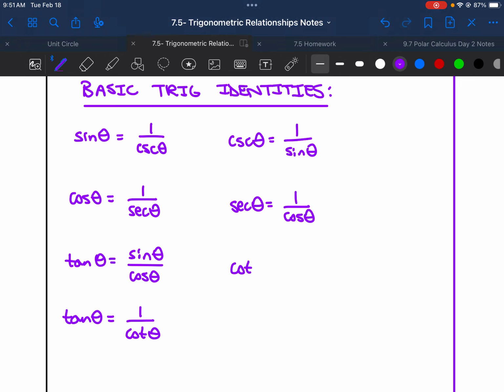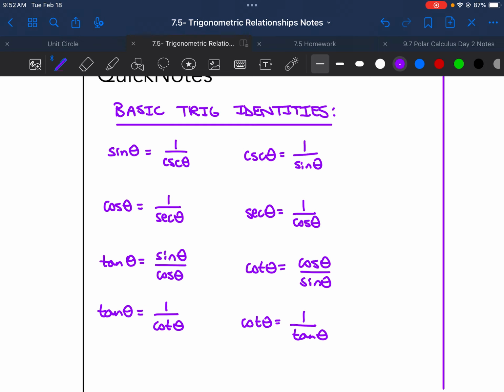And cotangent of theta, just like tangent of theta, has 2 different ways it can be written. We can write cotangent of theta as cosine of theta over sine of theta, or we can write cotangent of theta as 1 over tangent of theta. Okay, so these are all coming from those reciprocals that we established in the 7.4 notes.